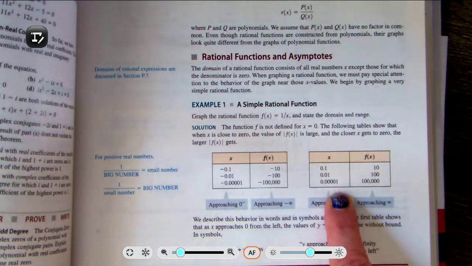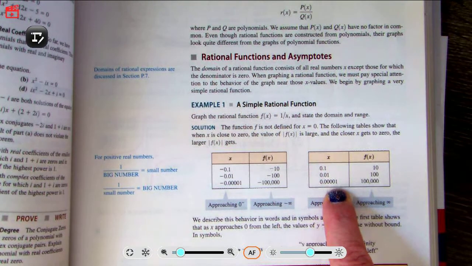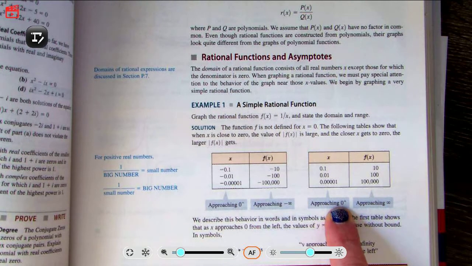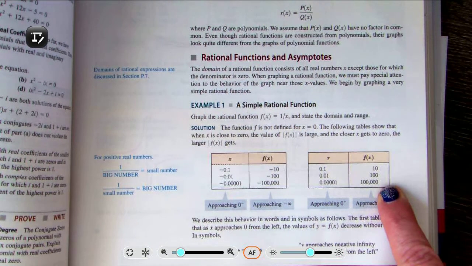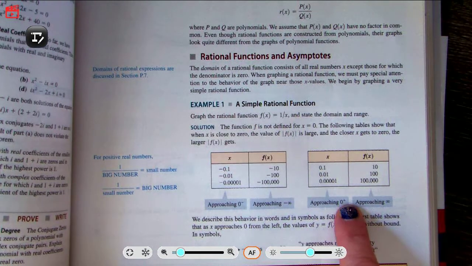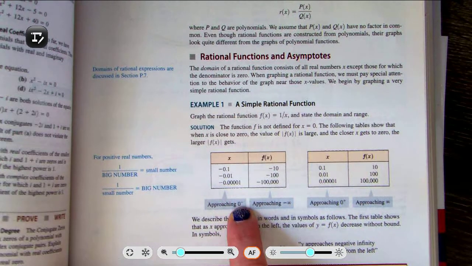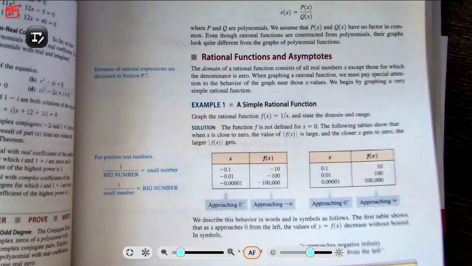If we approach 0 from the positive side, from the right, those numbers also get large, going towards infinity. So the little plus tells us we're coming in from the right, the little minus says we're coming in from the left. Again, think of the number line.